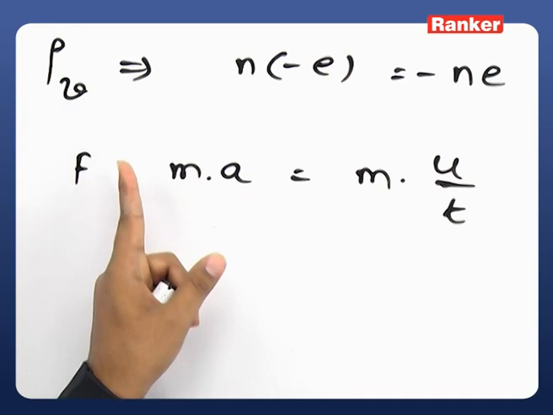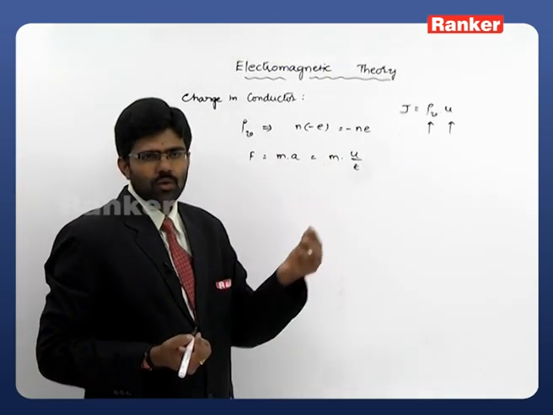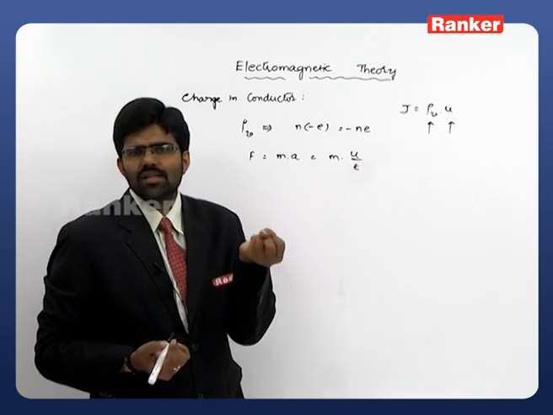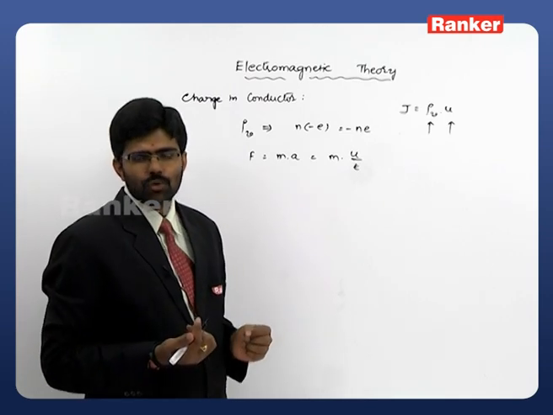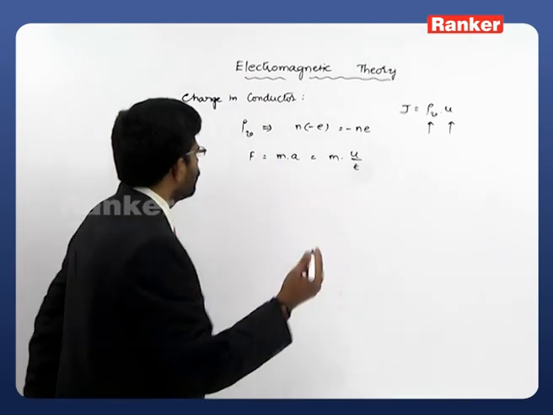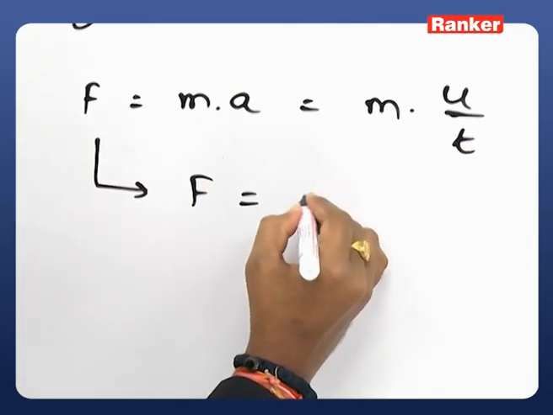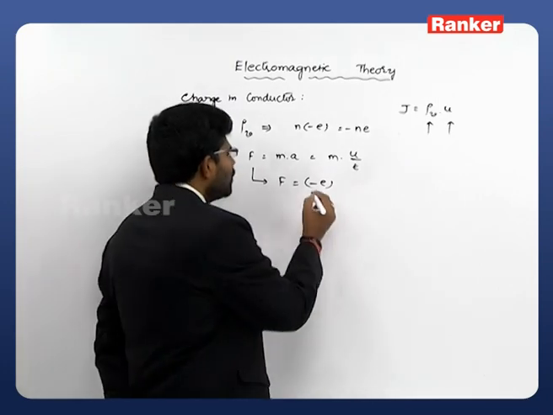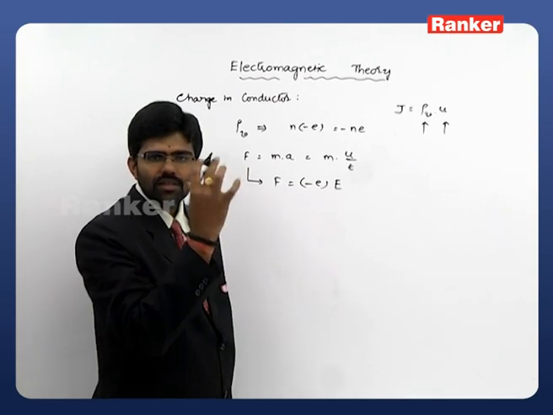But the same force can also be calculated in terms of the charge and electric field intensity. I have to take how much electric field intensity exists there and how much charge is there for that particular electron. If I multiply them, I will get the force. This is what we learned from Coulomb's law. So the same force is force equals the charge, minus e, multiplied with the electric field intensity E at that particular conductor.